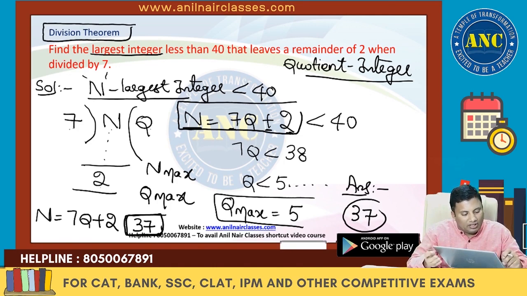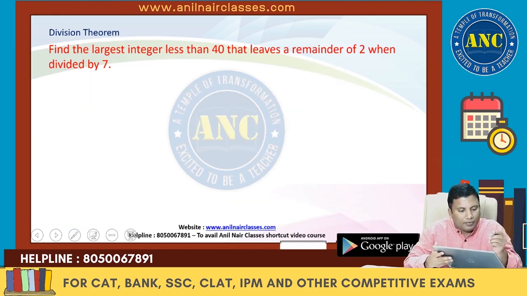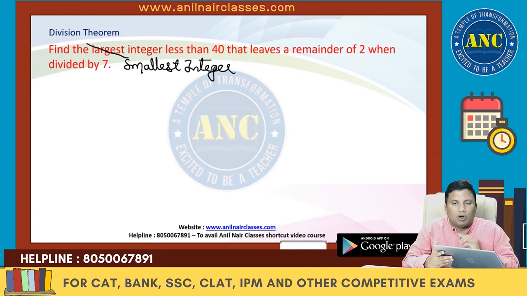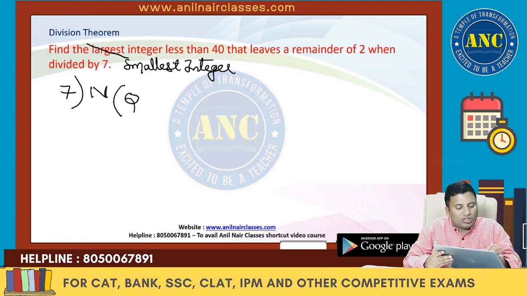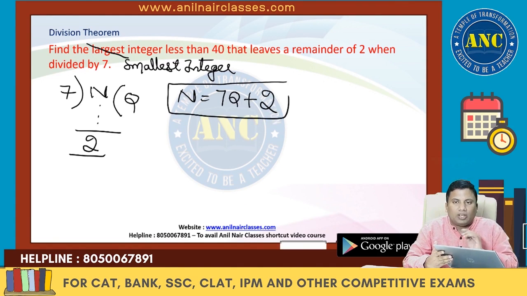Now I will change this question. If the question is smallest integer: there is a number n, n is divided by 7, quotient is q, remainder is 2, dividend equals divisor into quotient plus remainder, n is 7q plus 2.